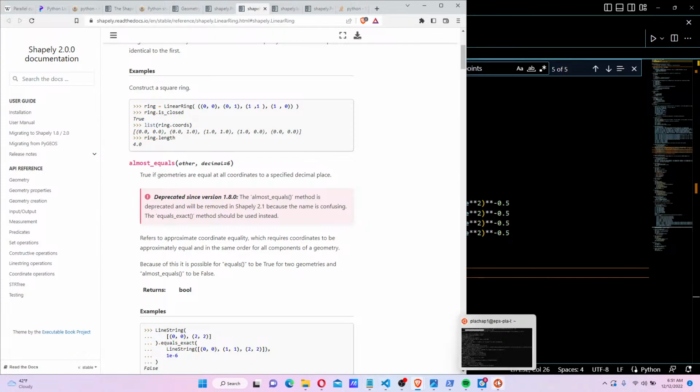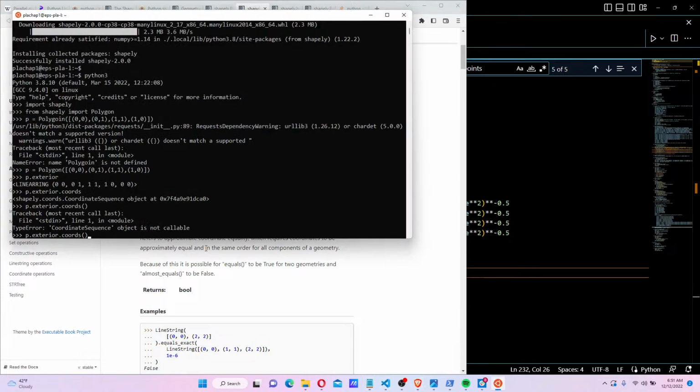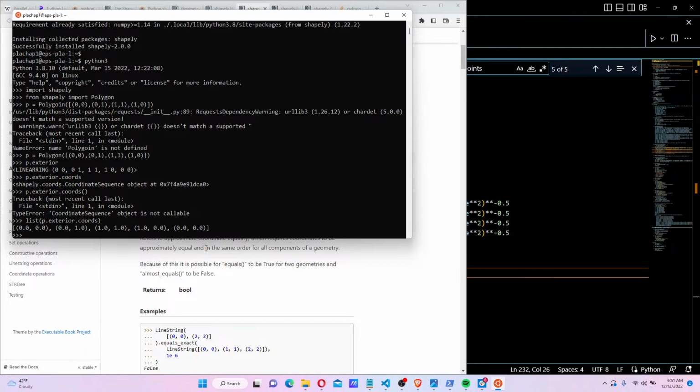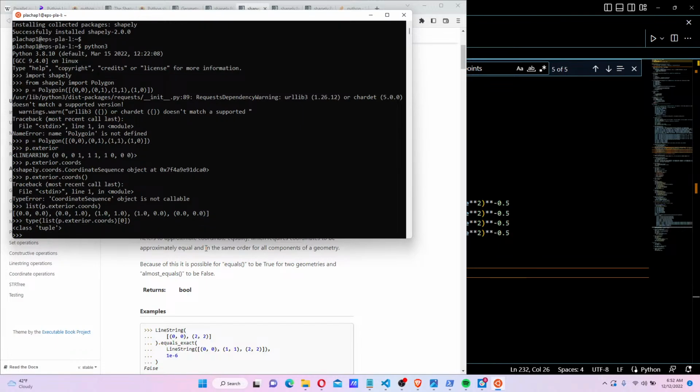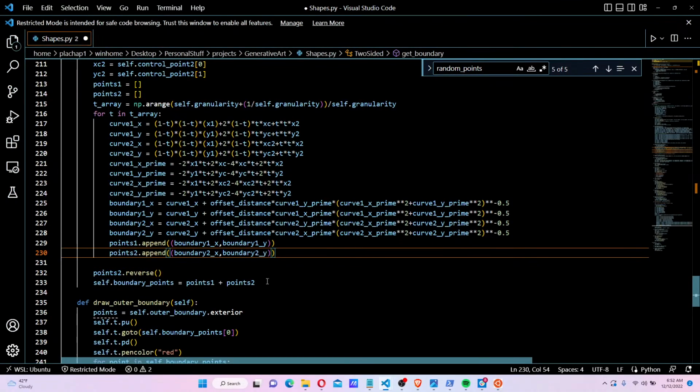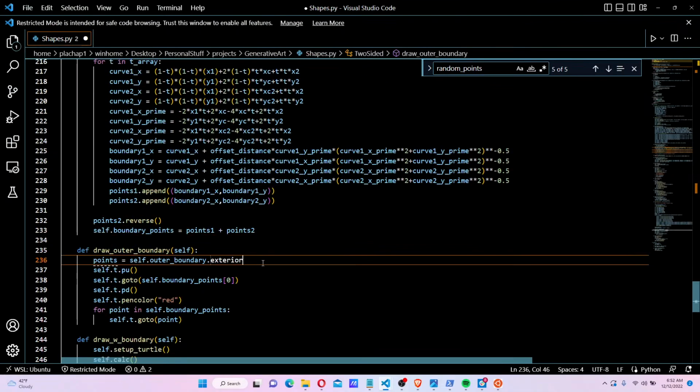Oh, put it as a list. So list. Well, we know the type of the whole thing is going to be a list, but what's the type of the 0th element? Okay, so dot exterior dot coords and put it as a list. So dot exterior dot coords.